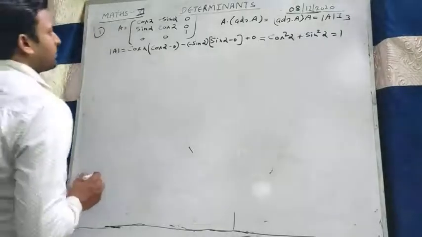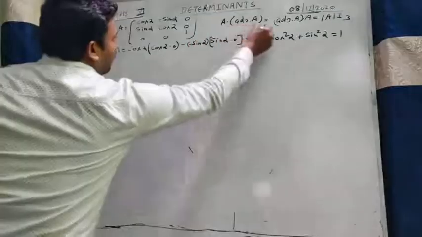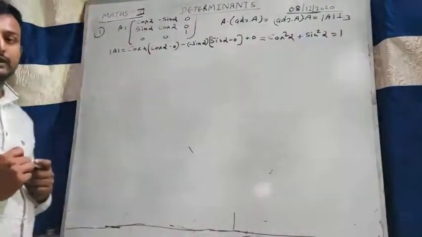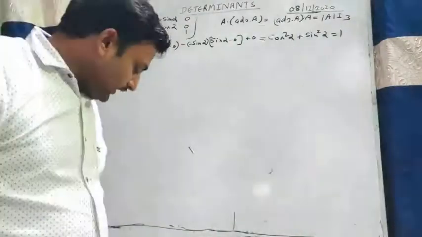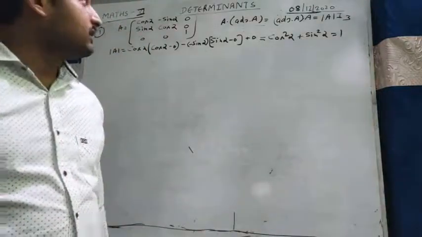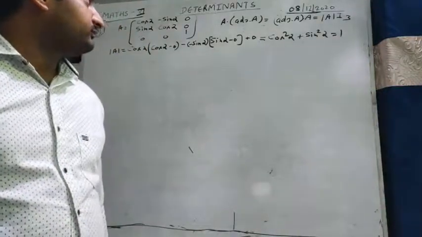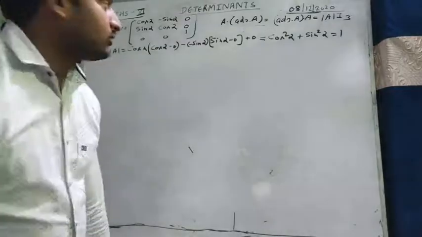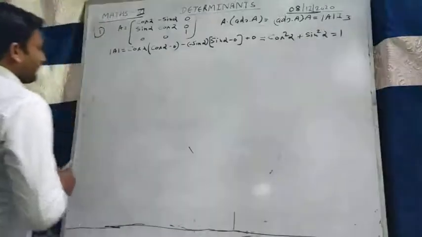Okay, now student, we have to find out the adjoint of A. So you know that for the adjoint of A, we always find first our cofactors. Okay, so now we will start finding our cofactors.